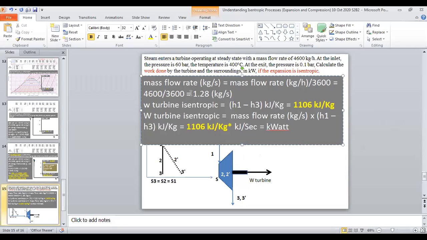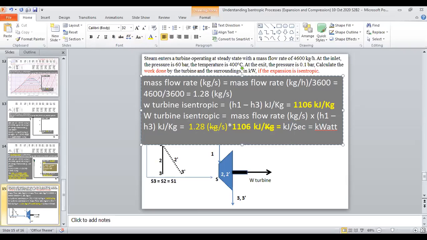So 1.28 kilogram per second times 1106 kilojoule per kilogram. You can see kilogram and kilogram cancel out. Finally, kilojoule per second remains.